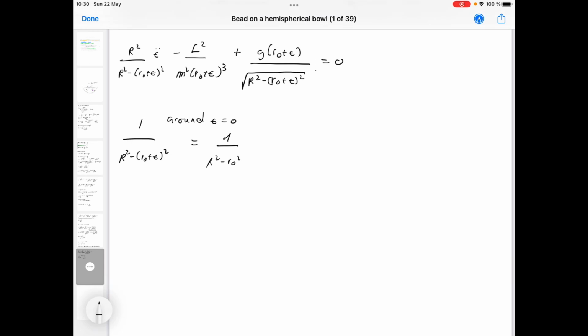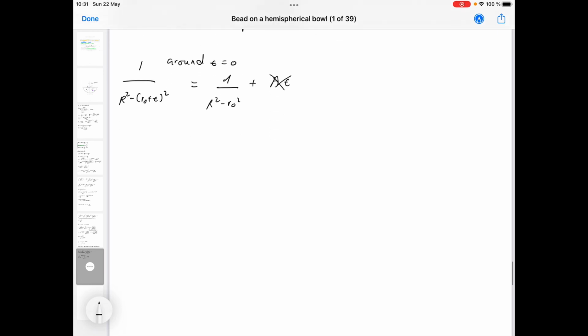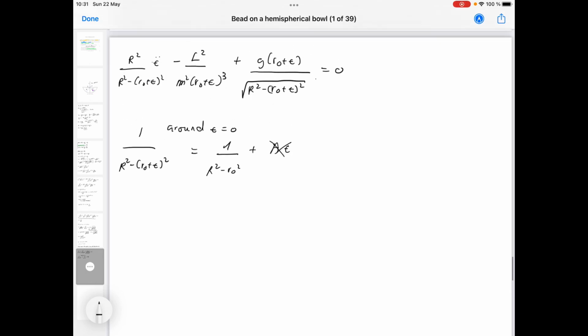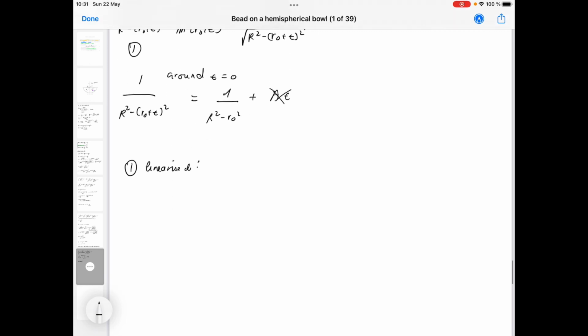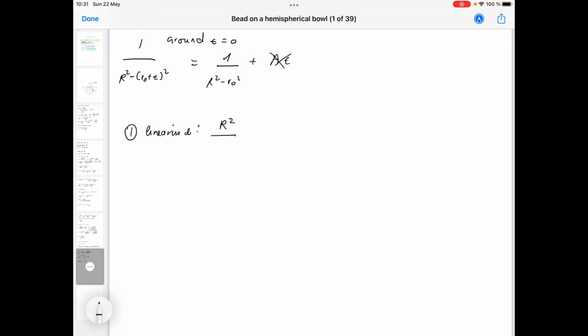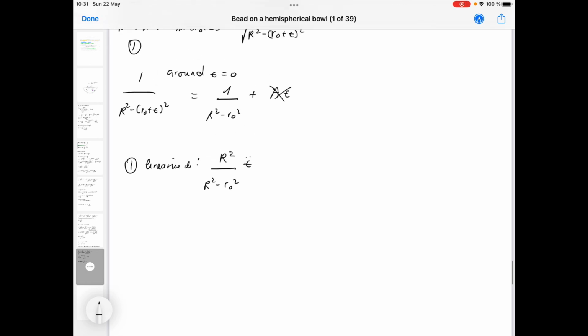And we're only interested in the linear terms in epsilon. So the linear term will be brought by the acceleration, right? Because we'll have plus some constant times epsilon on top. But we don't want this term because we only want the linear terms. So therefore we just get that the first term, so let's call this 1. So 1 linearized is just R squared over R squared minus R naught squared epsilon double dot.